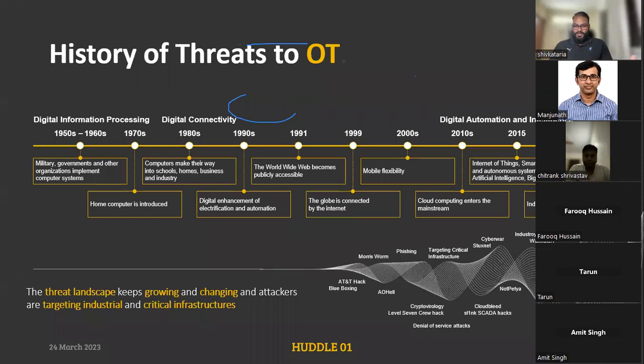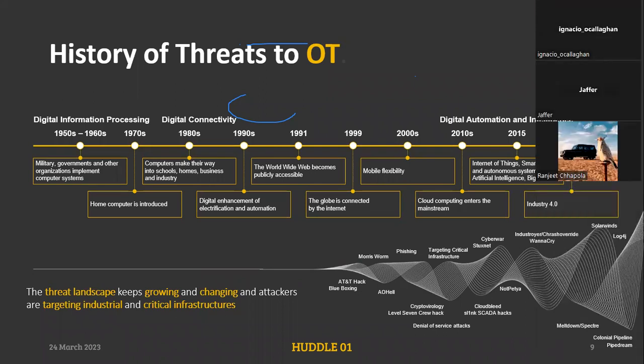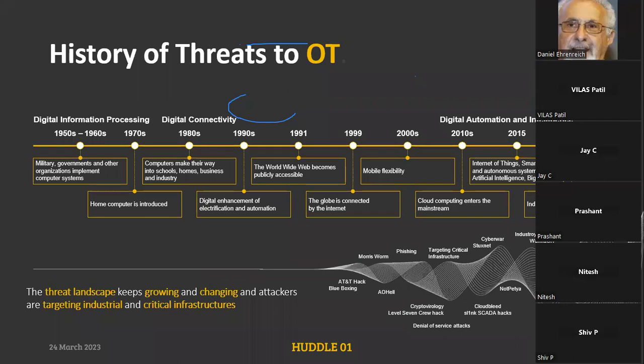Starting from the AT&T hack in '99 to the current time, we have recently seen attacks like Colonial Pipeline and also Pipedream last year. Pipedream, a sophisticated attack, really shows how sophisticated the hackers are becoming, and they really have knowledge of the OT system now, compared to 10 or 20 years back, when they were just using the old school methods, using the same IT malware to get into the OT systems.